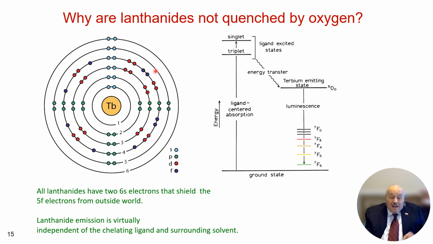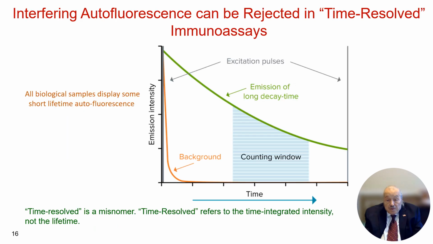And these two s electrons protect all of the inner layers from the outside world. And for that reason, they're not quenched by oxygen, and they're not really sensitive to the external environment. That's why it looks like an atomic fluorescence, because there's no contact with a solvent around it.